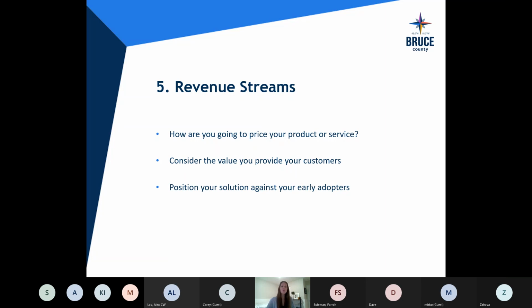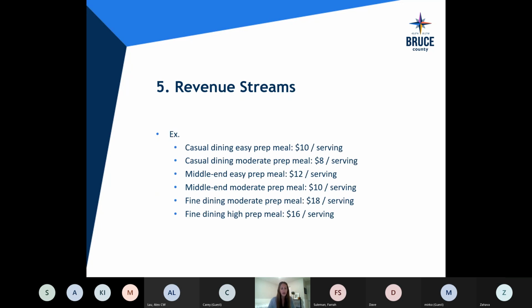That's what they're already doing to solve the problem you've identified. So now think about those competitors and what they're charging. Now think about the value your business is providing instead of those competitors, and you can help increase, hopefully, your selling prices.